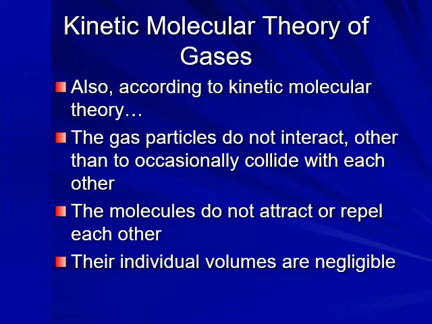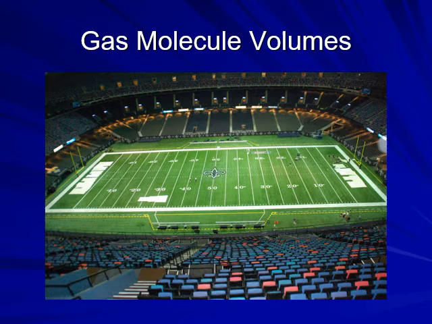Another assumption is that the volume of the gas molecules themselves doesn't count, because really, if you have gas molecules in a container, it's very similar to 2 or 3 people being inside the volume of the Louisiana Superdome. So there are 3 people in this slide, and their volumes don't have to be considered if we want to calculate the volume of the entire container.